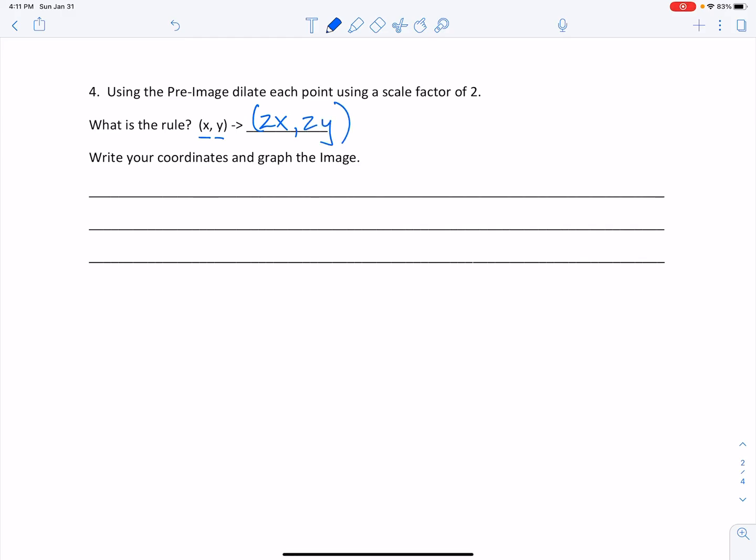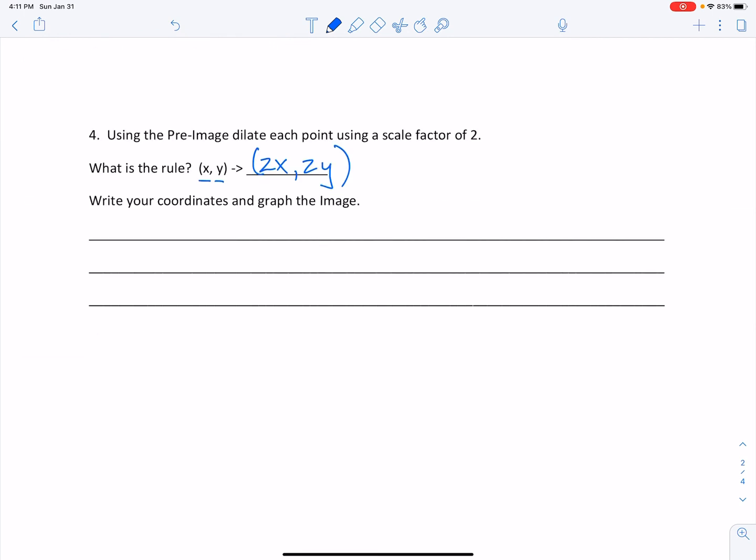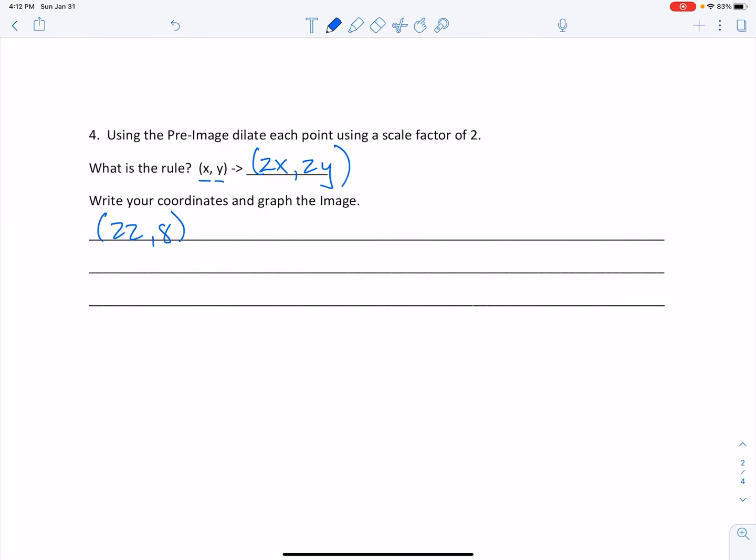So we take those original coordinates that we had right here, 11 and 4, and multiply each of those by 2, which gives you 22 and 8. The next coordinate was 13 and 5, so our dilation would be 26, 10. And you'll perform that for each one of those coordinates.